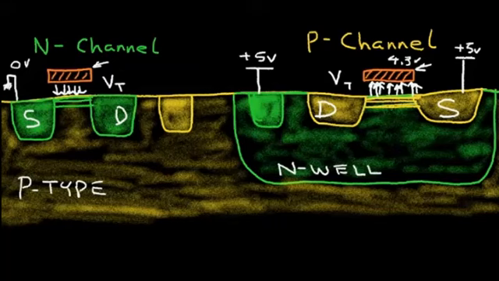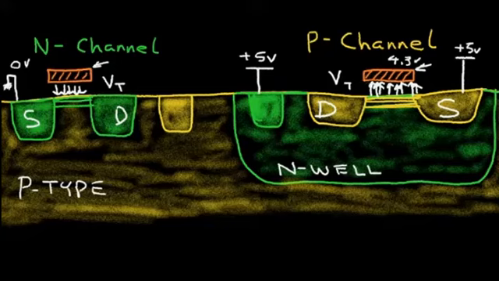So you can see that the operation of the P channel is very similar to the N channel, that we have a high voltage at the source, where in the N channel we have a low voltage at the source. We cause the transistor to conduct in the N channel by raising the gate voltage, and in the P channel we lower the gate voltage. But the operation's very similar.